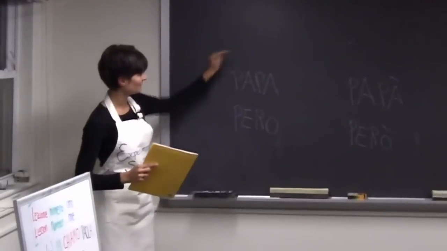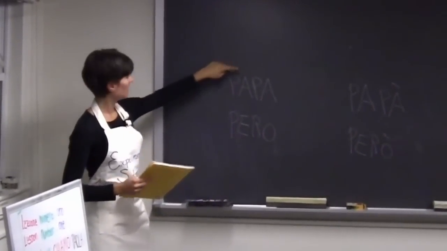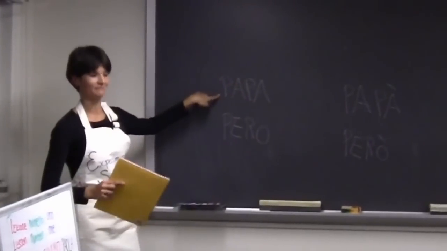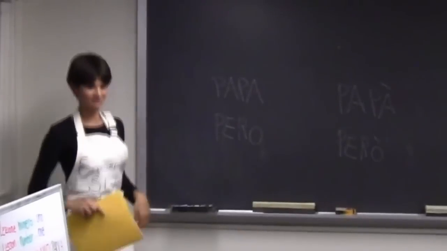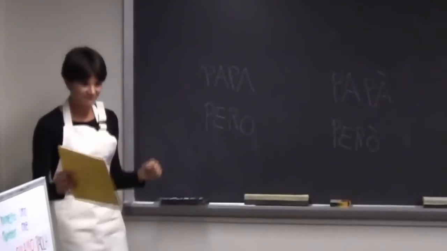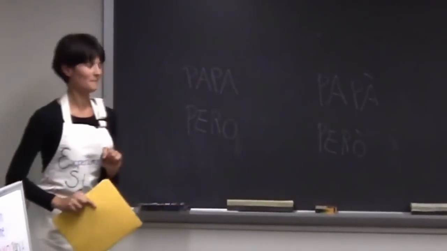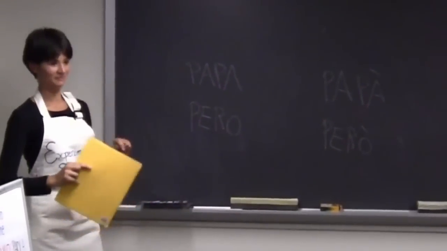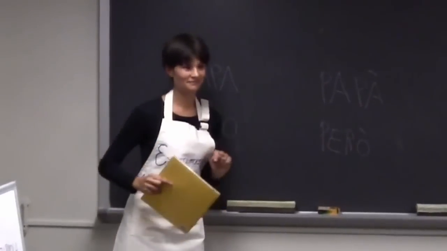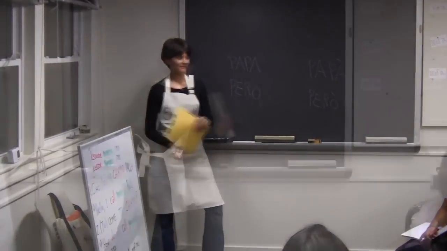Since there is no accent here, we put the stress on the first syllable. Papa. Yeah? You can also do like this, just to remind yourself. Papa. Yeah? Papa. Pero. Però. Yes?